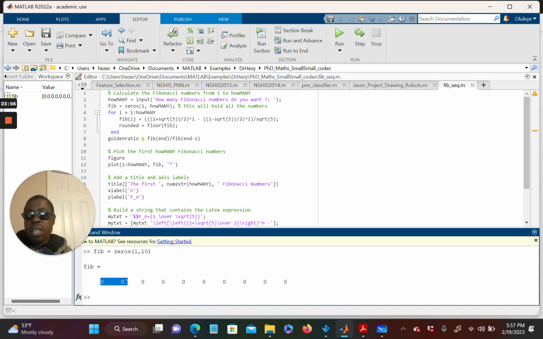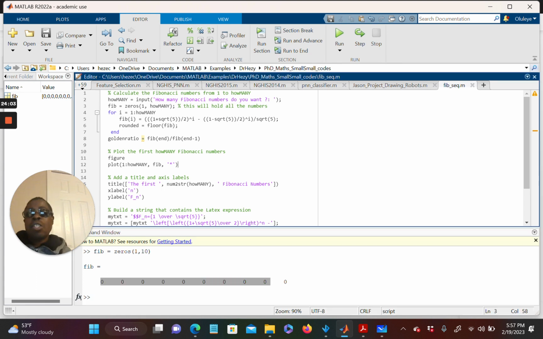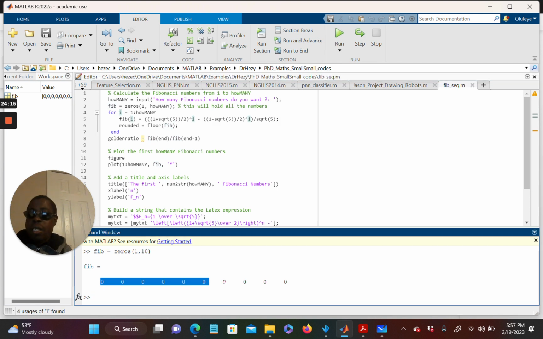The first one, second one, third one, fourth one, fifth one, sixth one, 7, 8, 9, 10. But as you begin to generate the formula, whatever you get in this line 5, based on the value of your I, we replace all the zeros. So initially, get a sack, like a bag, a container, to store all the Fibonacci numbers.